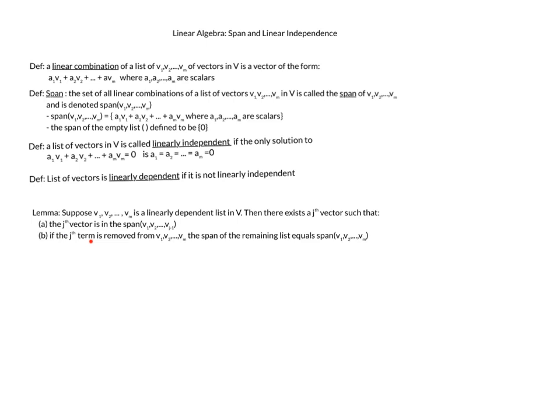And if the jth term is removed from the m vectors, the span of the remaining list still equals the span of the m vectors. Again, because the jth term was kind of redundant because it really could be made up from the other vectors, that means the remaining vectors still span the same space.